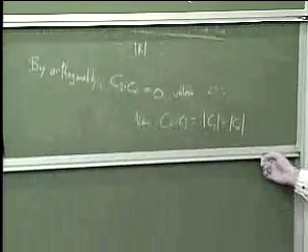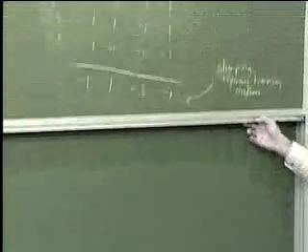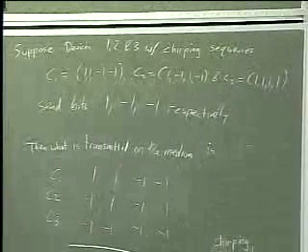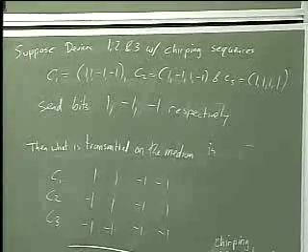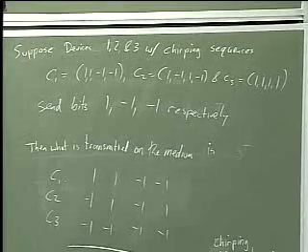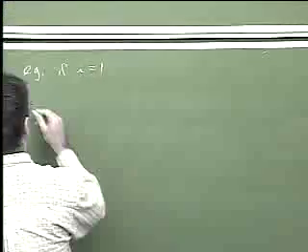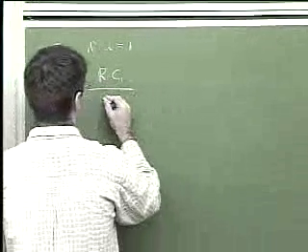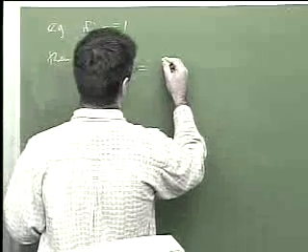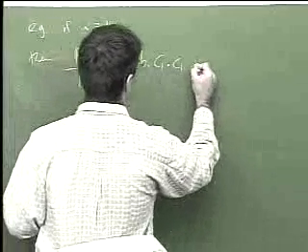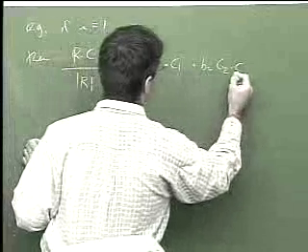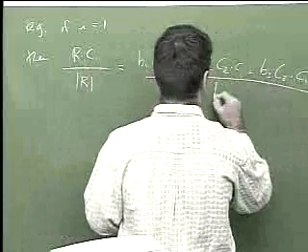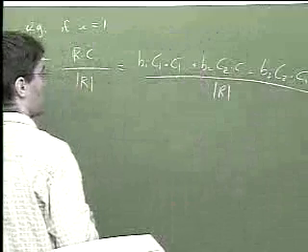Okay? So for instance, if i equals 1, then R dot C1 over R is just going to be B1 C1 dot C1 plus B2 C2 dot C1 plus B3 C3 dot C1 over the magnitude of R. Okay.